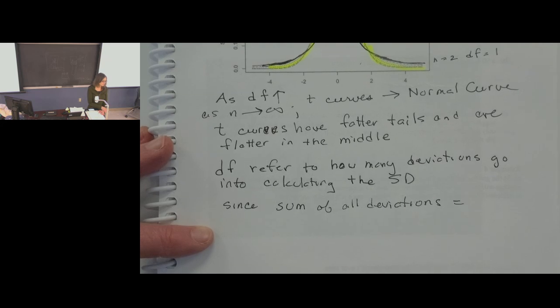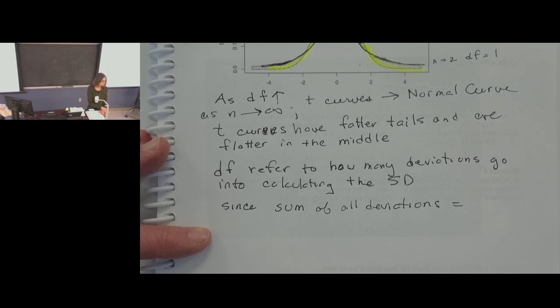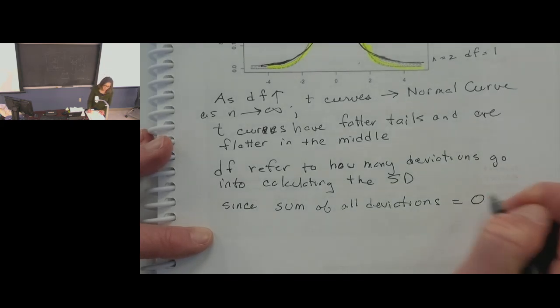What do you get when you sum them up? Always. Does anybody know? You always get 0 when you sum up the deviations. That's why we have to square them. We could have taken the absolute value, but you always get 0.